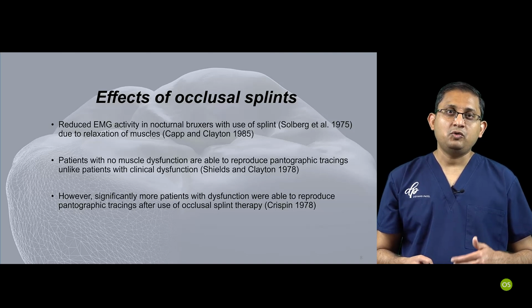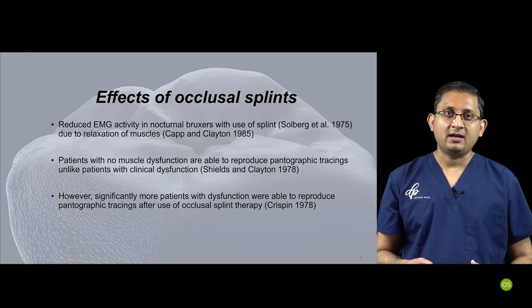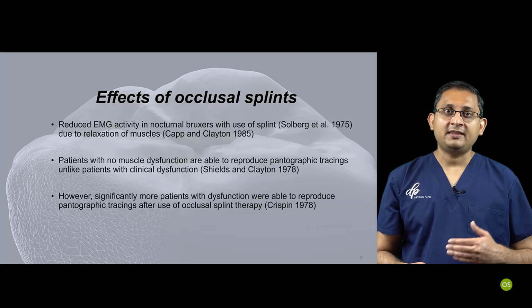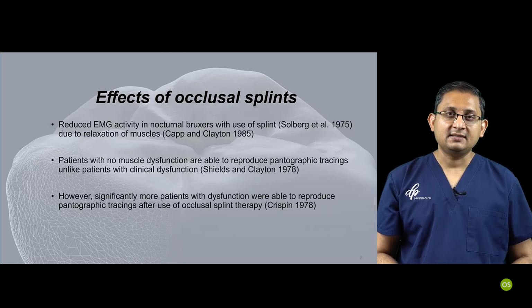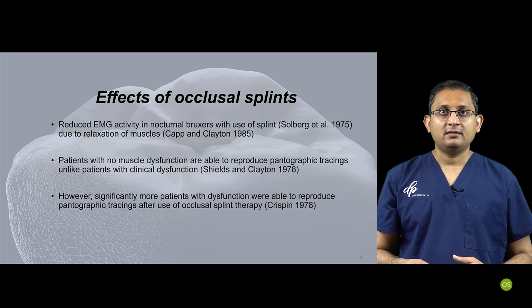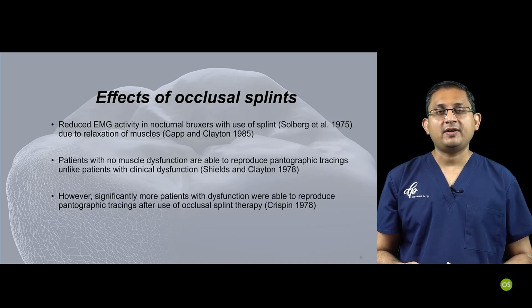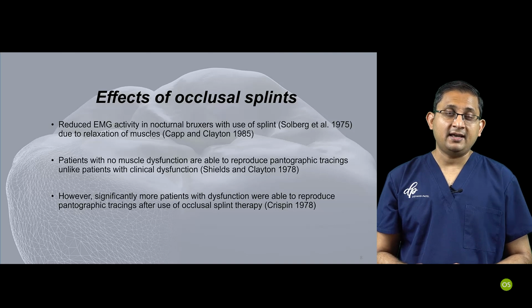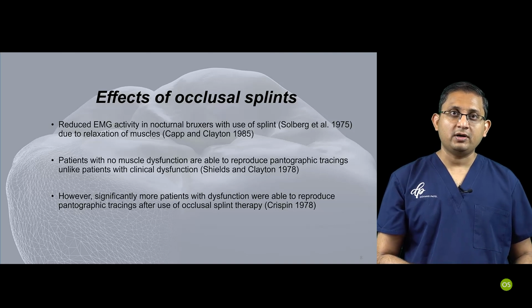However, people who were bruxers, who had parafunctional habits, it was difficult to do this tracing. However, when they wore occlusal splints, especially the Michigan splint, the pantographic tracing became easier and as good as people who didn't brux.